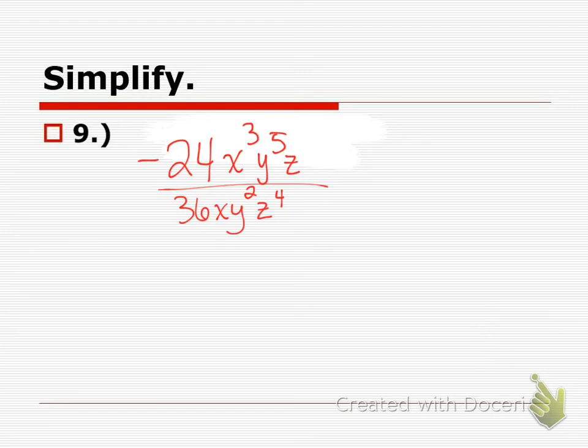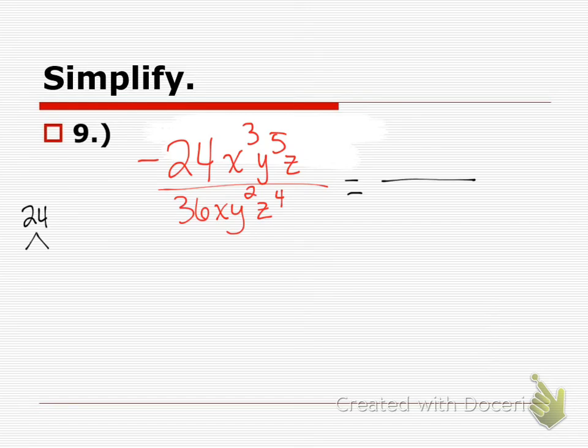So when we start building our answer, we know that negative 24 and 36 are both divisible by what? What number could divide into both 24 and 36? If you're not sure, we can make our factor trees.